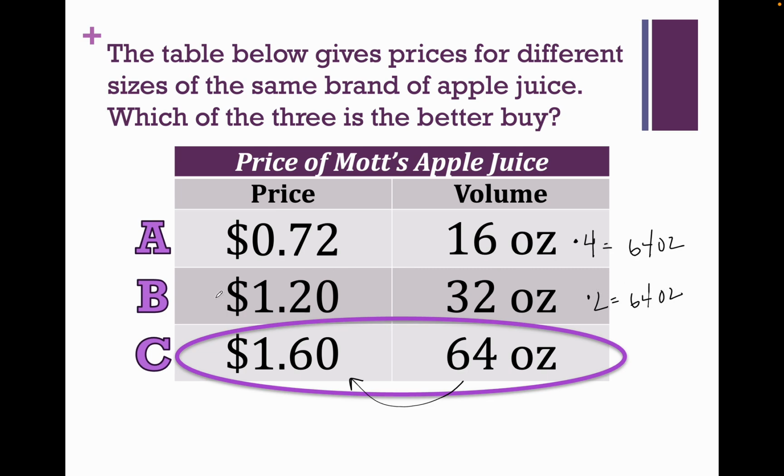If I do that over here on the other side as well, if I double the amount of money and quadruple the amount of money, I can see how much it costs me for 64 ounces if I'm buying container A or B. So for container A, 72 cents times 4, that's $2.88 for the 64 ounces. And for option B, that's $2.40 for 64 ounces. So obviously here, $1.60 is less than both of those.